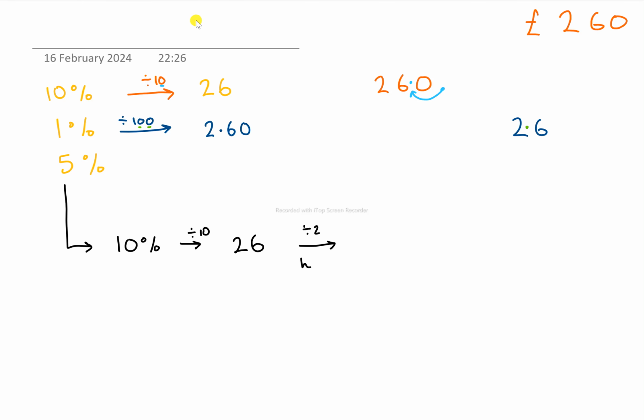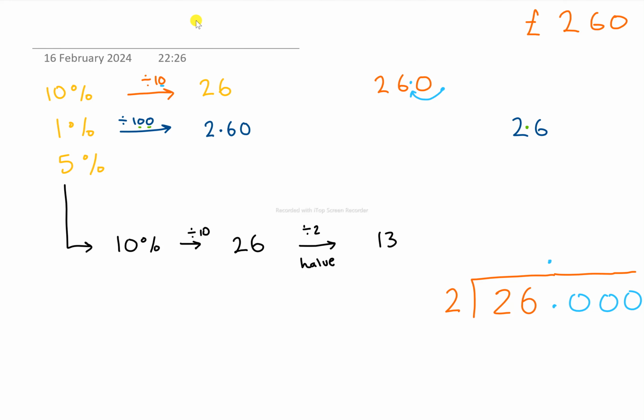So what's half of 26? 13. If you don't know that, what you do is you do double shelter and you halve it. The 2 goes outside. Remember what we said by default? We add a few zeros, whether we ever use them, it doesn't matter.